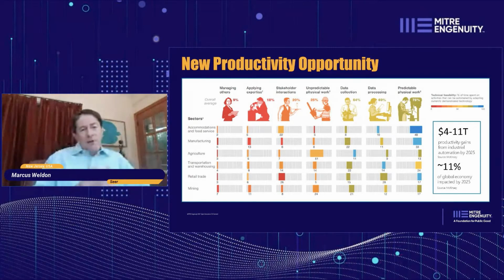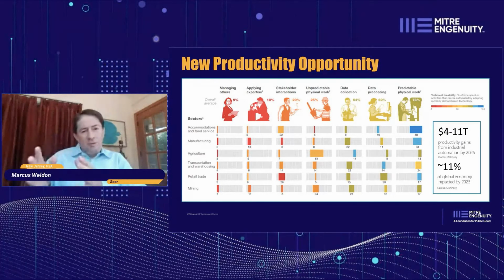But to the left of that is a set of studies also done by McKinsey that try to identify the tasks that will be associated with that productivity gain. And the way to read it is the 6 different industry segments, which I've just picked 6 interesting ones, but they all can be divided into the same set of 7 tasks. And you can read the tasks: managing others, just a generic management, expertise management, stakeholder interactions.